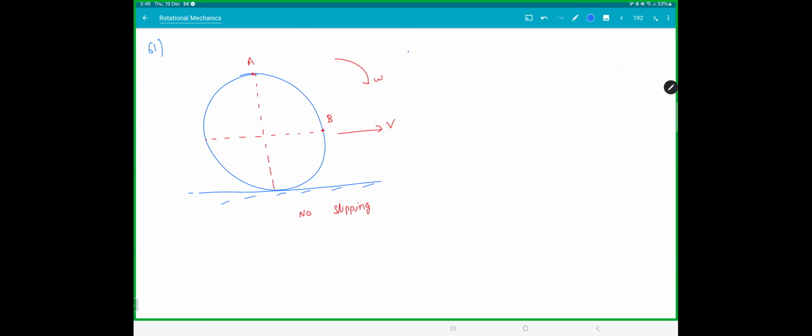Radius is R. Find the radius of curvature of A and B. Radius of curvature is a concept from circular motion, if you remember. Find the radius of curvature of point A and B.